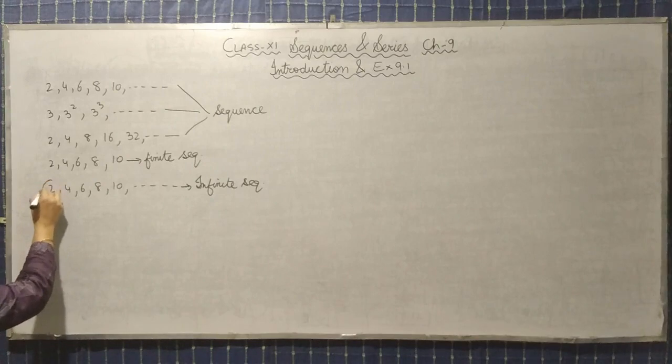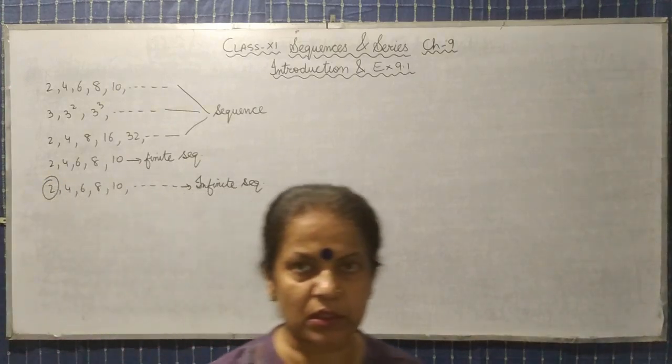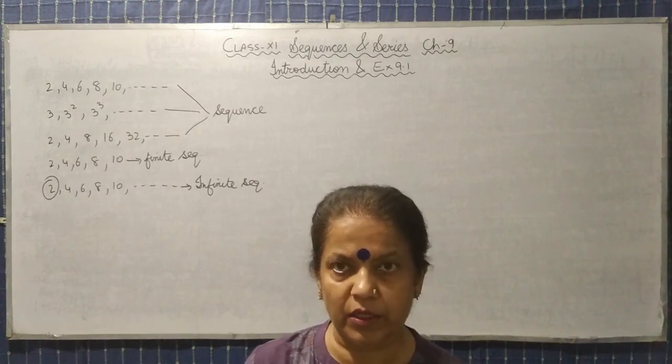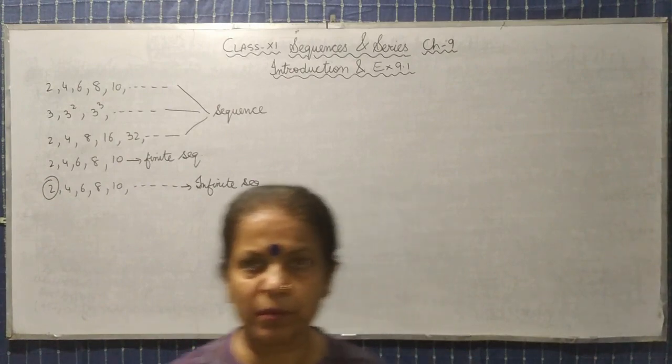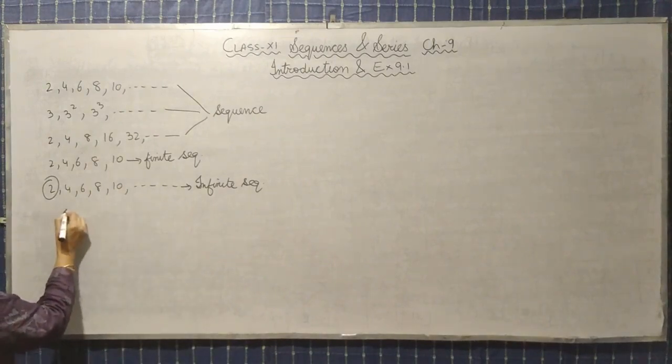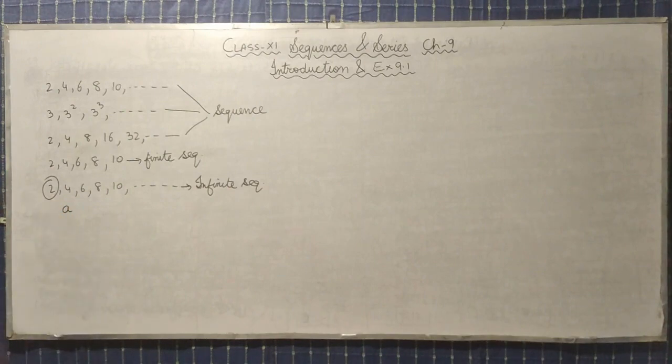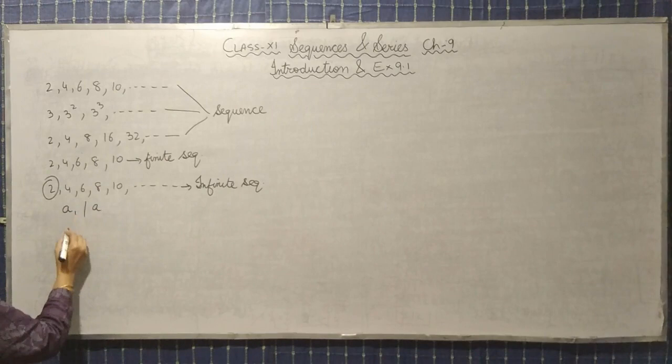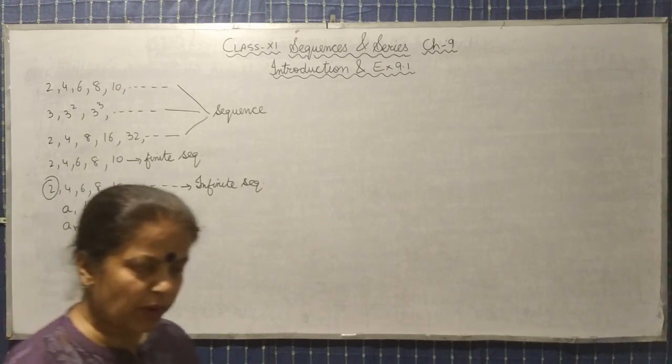Always the first term of the sequence is represented by a or a1, and the last term is represented by an.